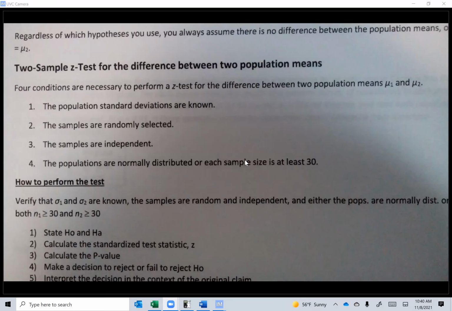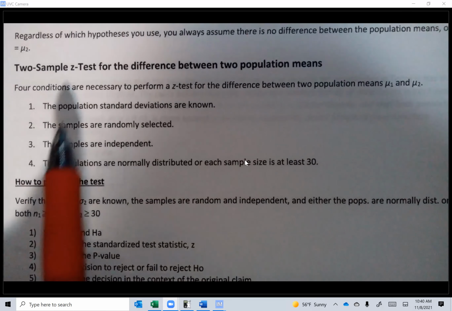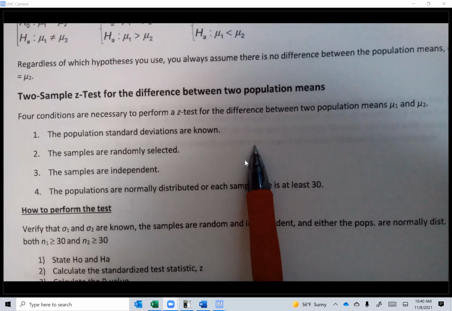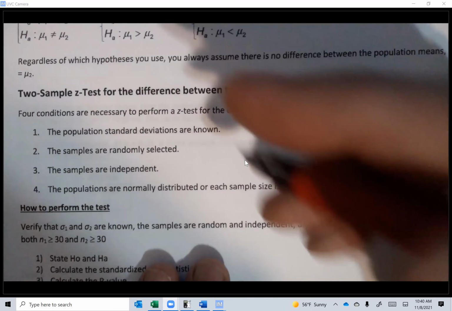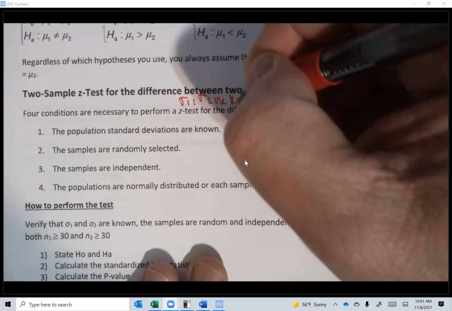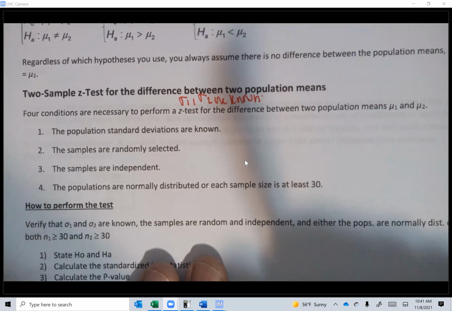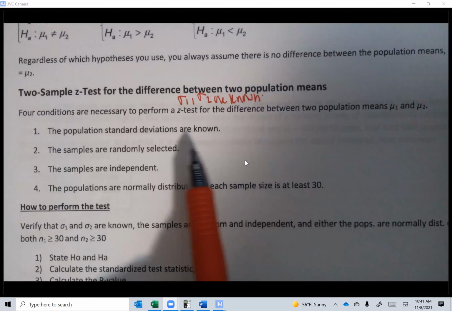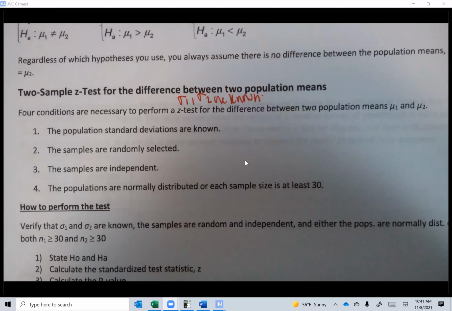What are the conditions to perform a 2-sample Z-test? Z-test when sigma 1 and sigma 2, guys, are known. So Z-test, sigma 1, sigma 2 are known, and they're listed below anyway. The population standard deviations are known, as I just said.